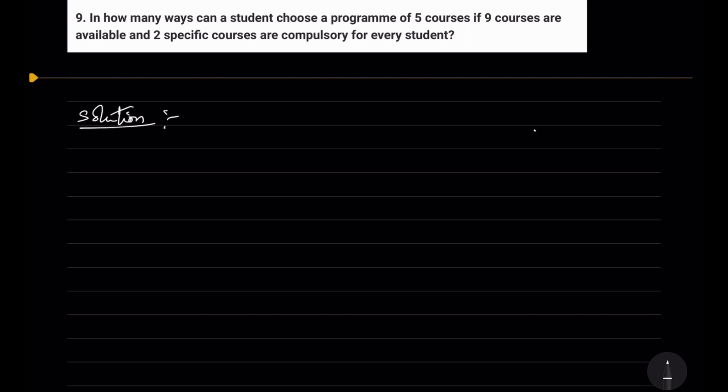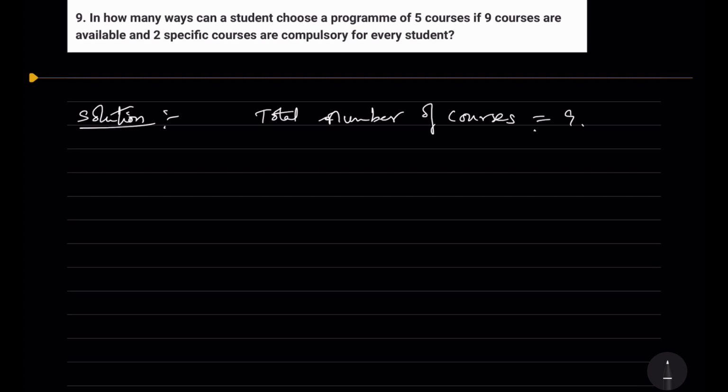So here, we have the total number of courses. Program of 5 courses if 9 courses are available, so the total number of courses is equal to 9. A student has to choose a program of 5 courses, and 2 specific courses are compulsory.